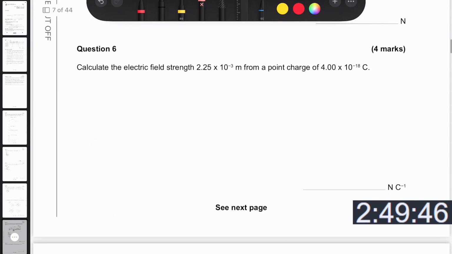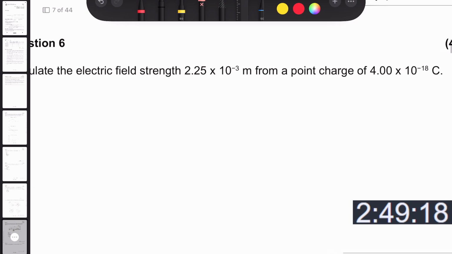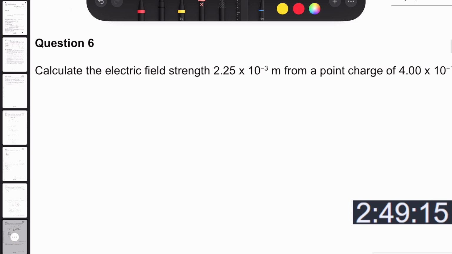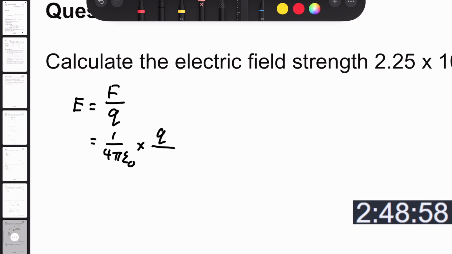Yeah, looks all good. Calculate the electric field strength 2.25 times 10 to the negative 3 from a point charge of 4 times 10 to the negative 18 C. So field strength is just going to be E equal to F over Q. So it's going to be 1/4 pi E naught times Q over R squared.